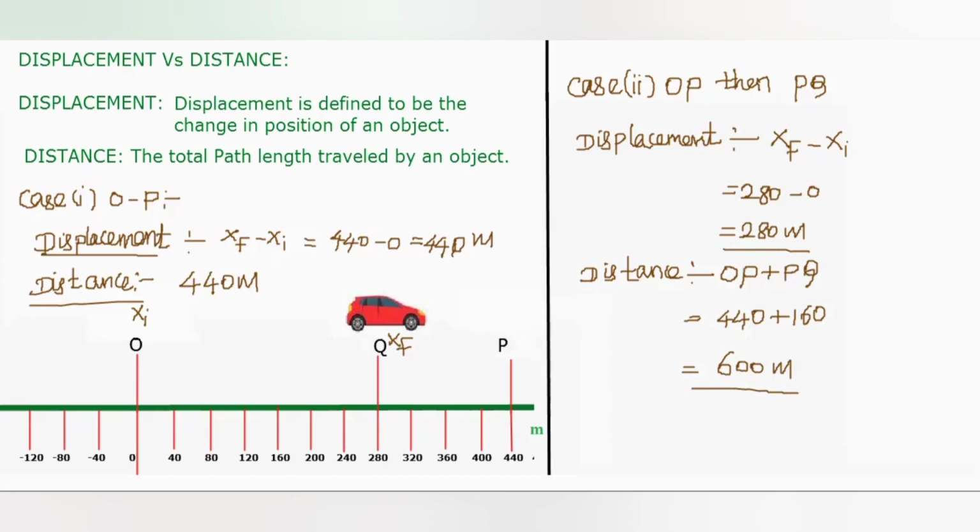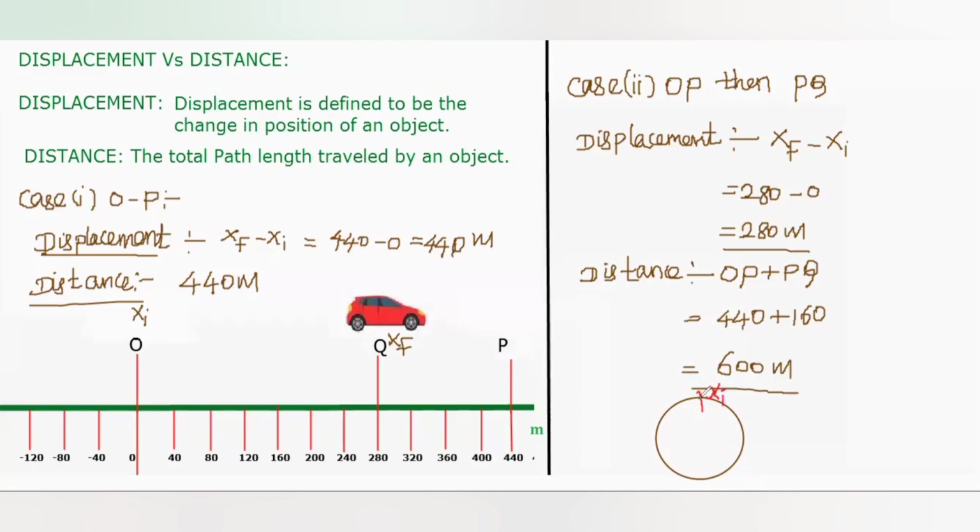For example, we can take another example. Just consider a circular motion. An object is going to move in a circular direction. Here, we consider this as the initial position.